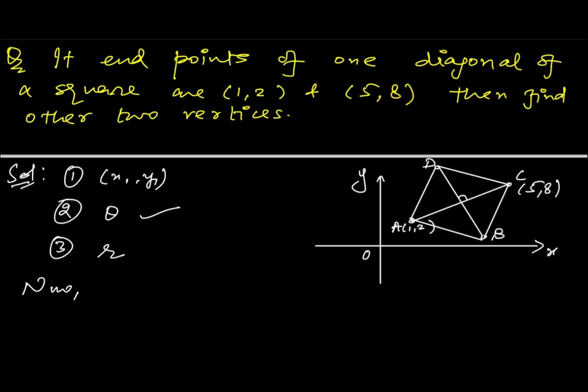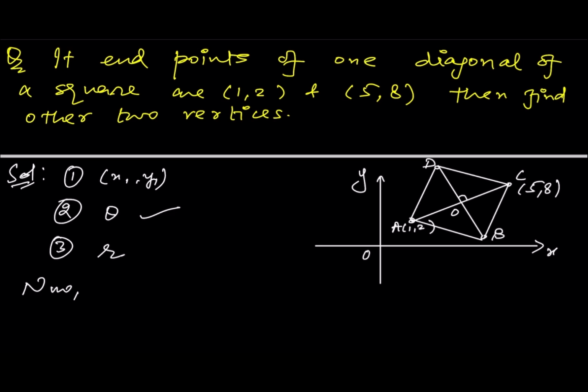Now you also know BD and AC are equal. If AC and BD intersect at O, then AO and OD are also equal.